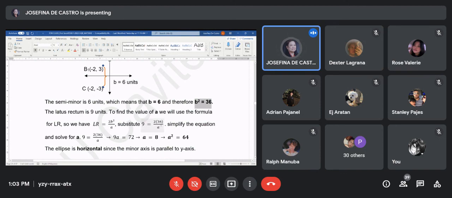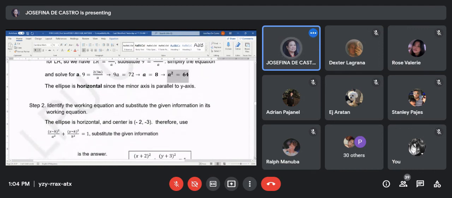Therefore, 9 is equal to 2B squared over A. B squared is 36. Solve for A. So, 9A is equal to 72. Then A is equal to 8, and A squared is equal to 64.